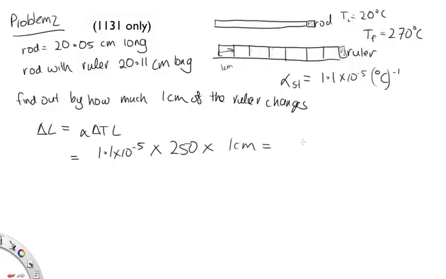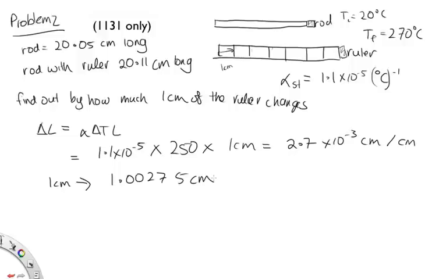So the change in length, when we do this on the calculator, is 2.7 times 10 to the minus 3 centimeters, and that's for each centimeter. So each centimeter of ruler changes by that much. So 1 centimeter is now measuring, now that it's heated up, 1.00275 centimeters.